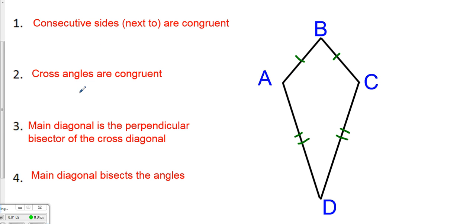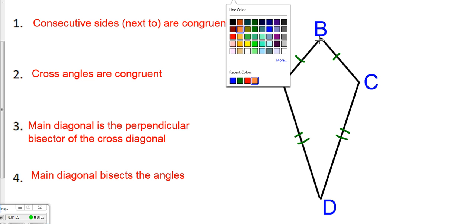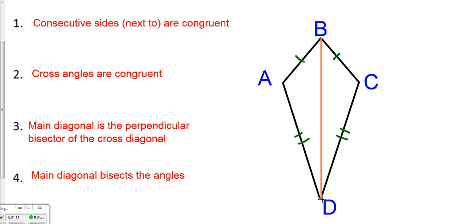The cross angles are congruent. What I mean by cross angles, actually, before we get to cross angles, let's go over some of the diagonals here. If I draw two diagonals, one from B to D and one from A to C, these diagonals are a pretty specific kind. There are two different kinds.